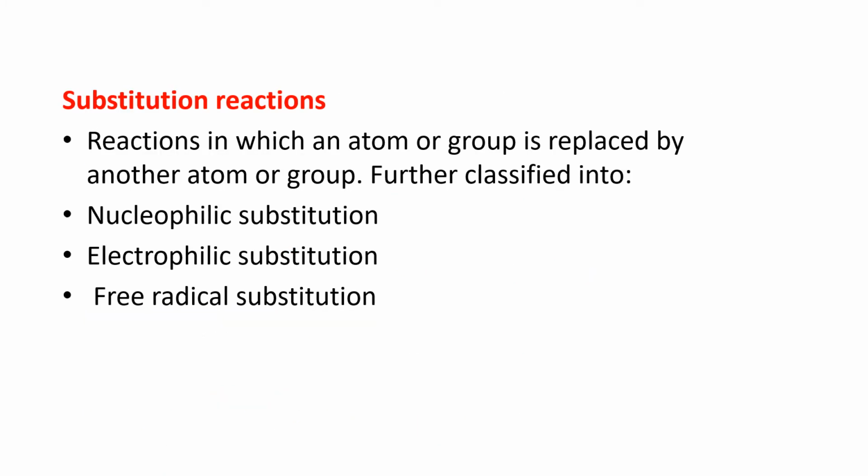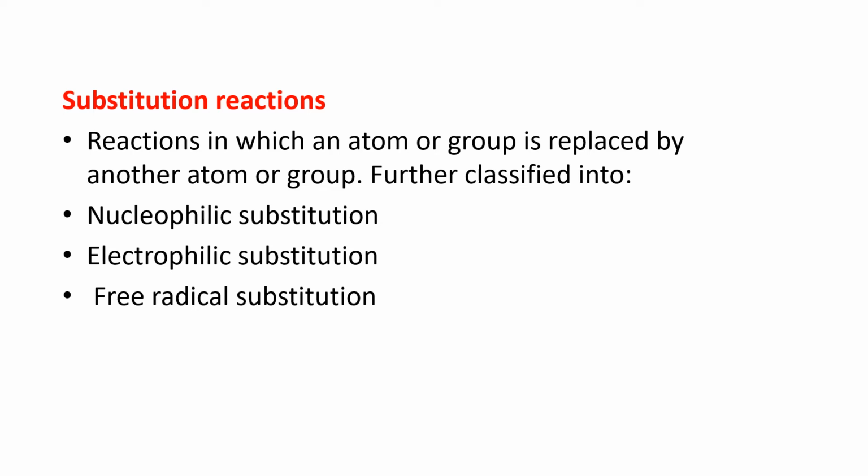Substitution reactions are classified into nucleophilic substitution, electrophilic substitution, and free radical substitution. If a substitution reaction is initiated by a nucleophile, it is known as nucleophilic substitution. If it is initiated by an electrophile, it is known as electrophilic substitution.